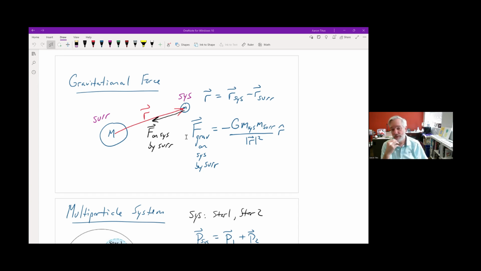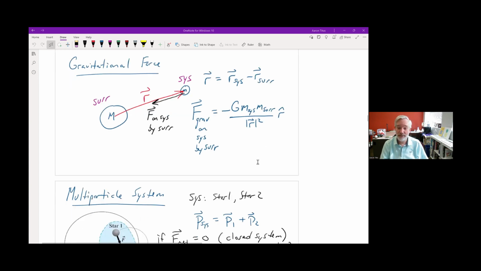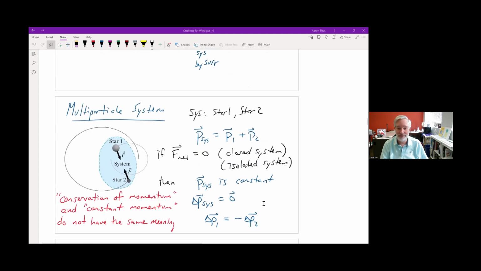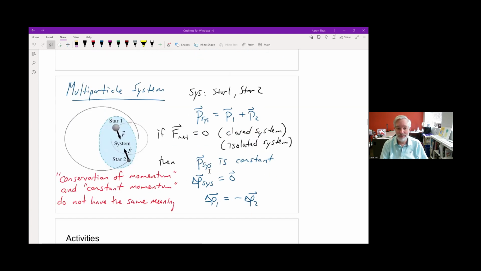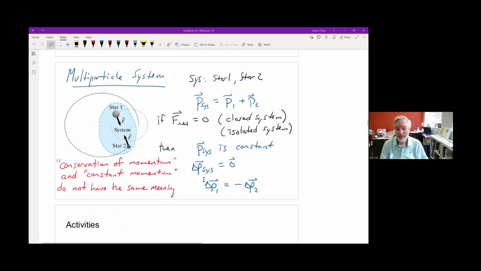And so the Coulomb force introduces that, and you get the same principle of reciprocity. And that principle of reciprocity is used in understanding the fact that the change in momentum of star one is equal to the negative of the change in momentum of star two.